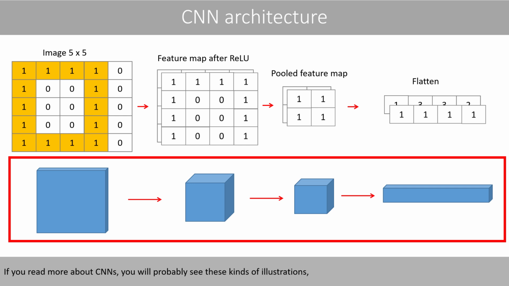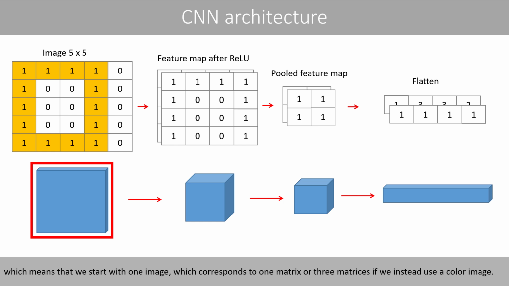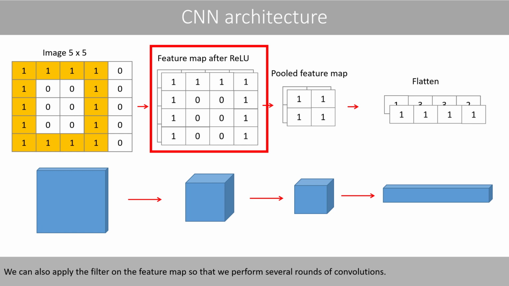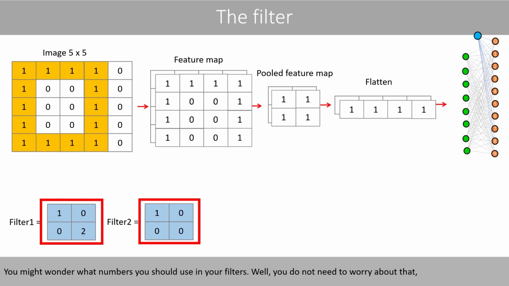If you read more about CNNs, you will probably see these kinds of illustrations, which means that we start with one image, which corresponds to one matrix, or 3 matrices if we instead use a color image. During the convolution, we usually reduce the size of the matrix, and if we use several filters, we will get more matrices. We can also apply the filter on the feature map so that we perform several rounds of convolutions.